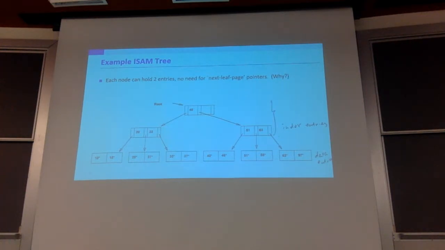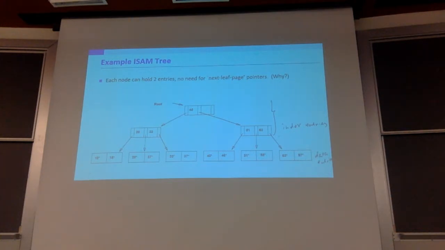Suppose each of your nodes can hold two complete data entries or index entries, and one additional pointer. So each index node is going to have 3 pointers and 2 keys, and each leaf node is going to have two data entries. The values shown here are the keys.